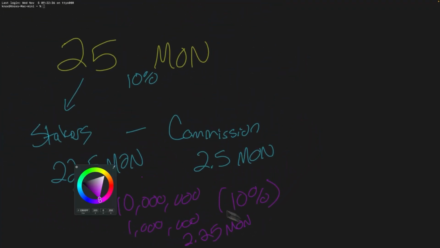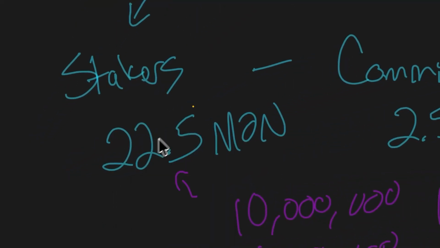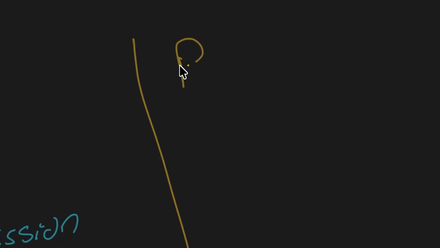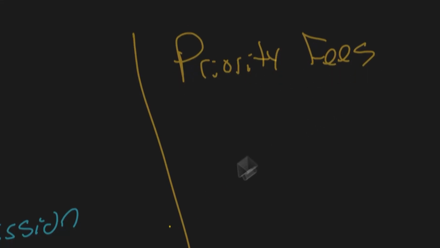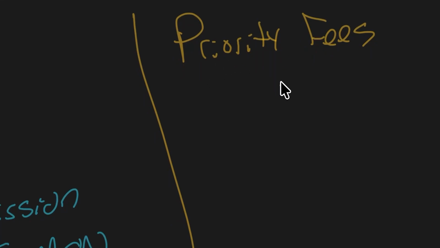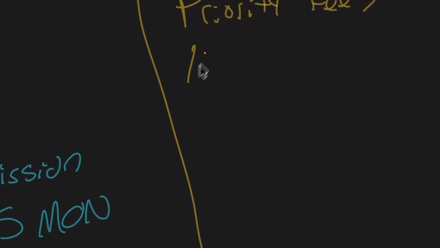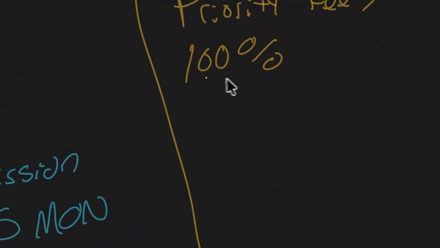Now, it is worth pointing out there is another mechanism, kind of separate from all of this, that exists in Monad, and that is the concept of priority fees. Users can pay an extra fee to make sure their transaction is included in the next possible block. As of right now, 100% of that priority fee goes to the validator.